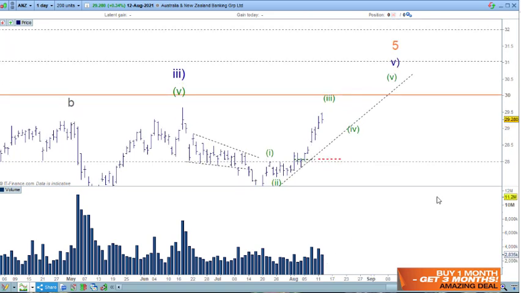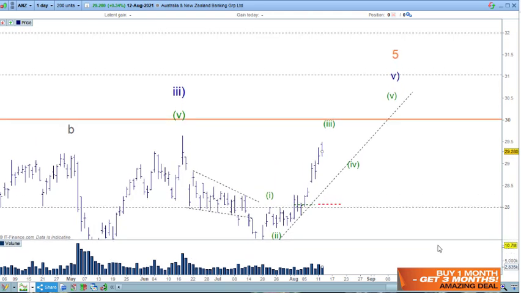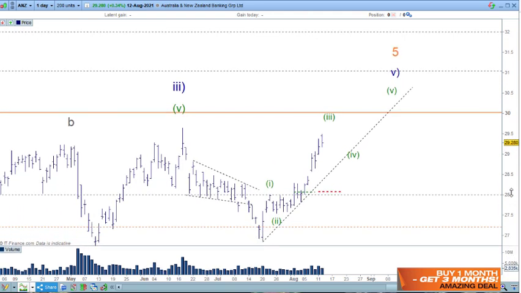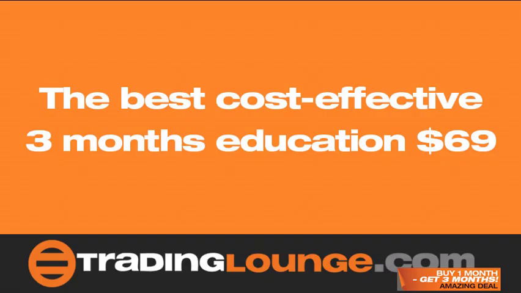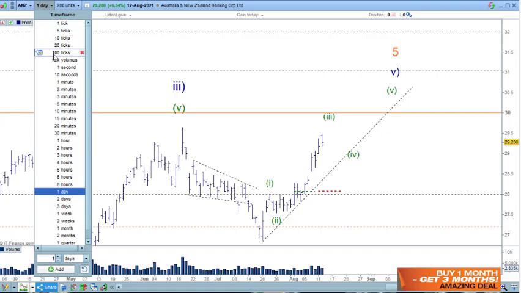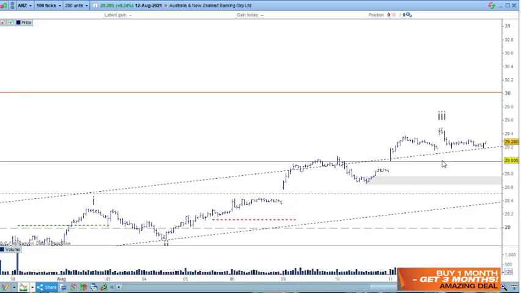So it is what it is, a corrective move. So we should see that move up there a little bit higher. Let's just go to the tick chart and look at that.